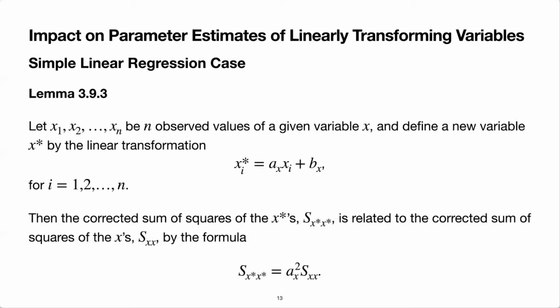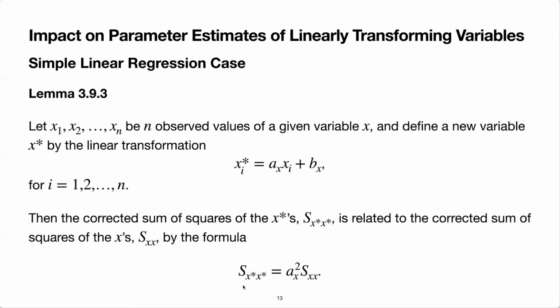Next, we have lemma 3.9.3. So let x1 through xn be n observed values of a given variable x, and define a new variable x star by the linear transformation x sub i star equal to a sub x times x sub i plus b sub x, i going from 1 to n. Then the corrected sum of squares of the x stars, which is denoted s sub x star x star, is related to the corrected sum of squares of the x's, which again was denoted by s sub xx, by the following formula.